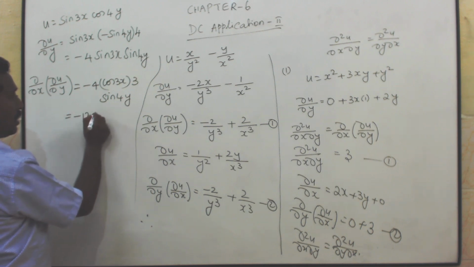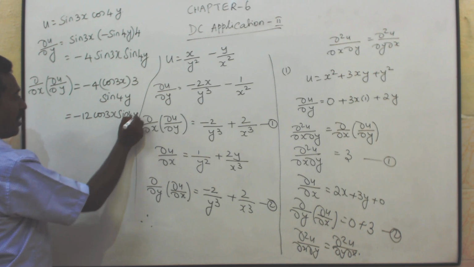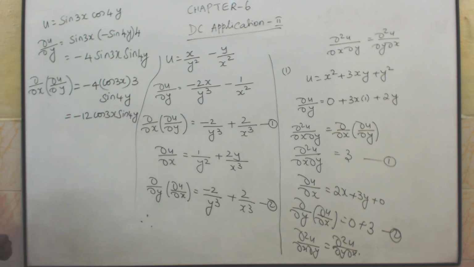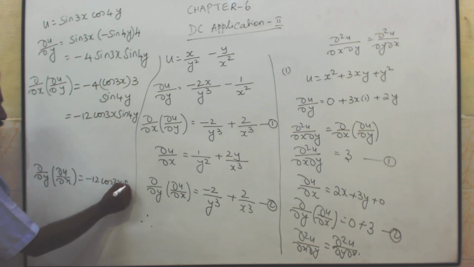Therefore, minus 12 cos 3x sin 4y. Same way, you have to find out the right hand side, dou by dou y of dou u by dou x. Try, definitely you will get the same result, minus 12 cos 3x sin 4y.